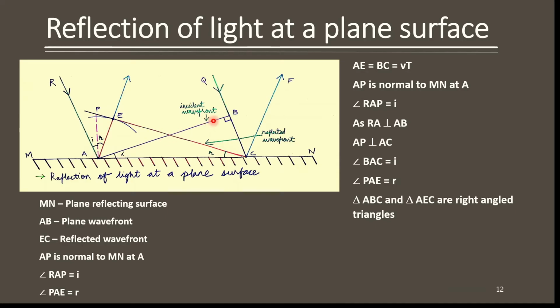Triangle ABC and triangle AEC are right angled triangles. AC is the common hypotenuse. AE is equal to BC. Triangle ABC is congruent to triangle AEC.